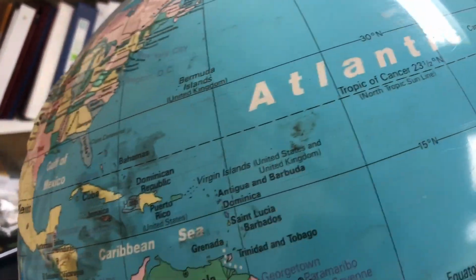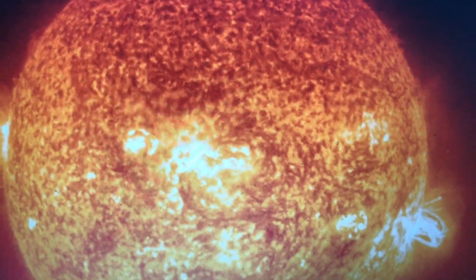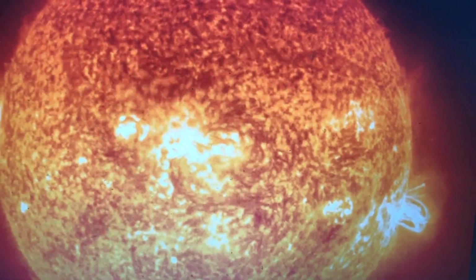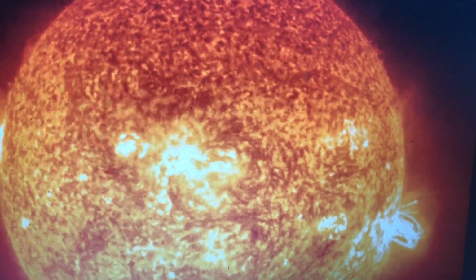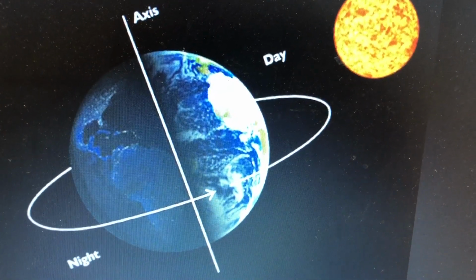I'm sure that you wrote the word rotation, right? Rotation of the Earth. You have to have that word there. And you have to have the word sun in your notes as well. And you got to have the word axis, that imaginary axis.